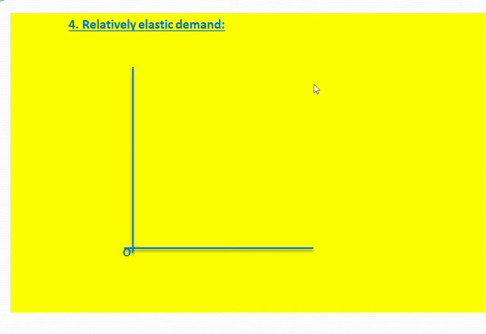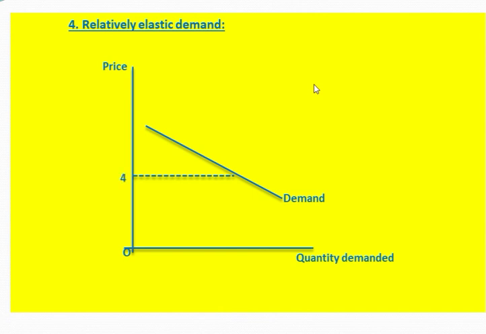We draw the demand curve, relatively elastic demand, x-axis, y-axis. Quantity demanded is measured on the x-axis, price is measured on the y-axis. That is the demand curve which is flatter. And when price increases from rupees 4 to rupees 5, quantity demanded decreases from 100 units to 40 units.